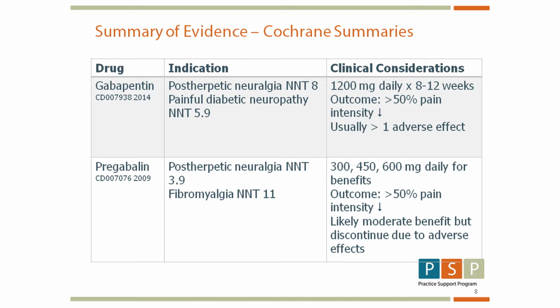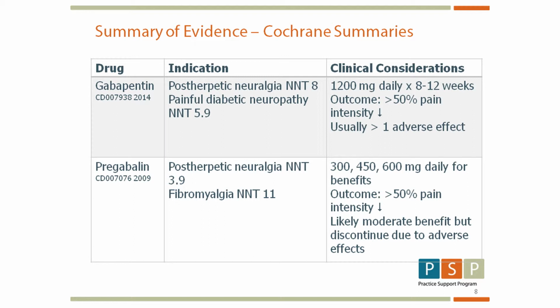In general, gabapentin is used with an average dose of 1,200 milligrams, could range up to 3,600 milligrams in a total daily dose. And usually it's divided TID. Pregabalin is a brother of gabapentin, and for some of those who don't tolerate gabapentin, sometimes they can tolerate pregabalin better. Also, there's a cost factor in relation to these two medications and how you choose to use them.